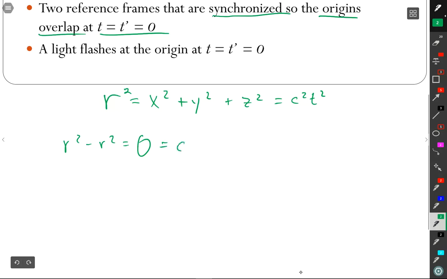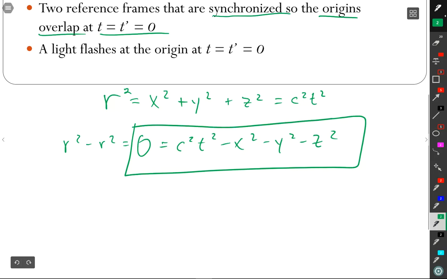But that would be equal to c squared t squared minus x squared minus y squared minus z squared. Since it's always equal to 0, it's an invariant. It doesn't matter what reference frame you are in. c squared t squared minus x squared minus y squared minus z squared is going to be equal to 0.